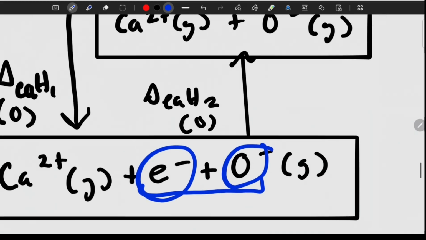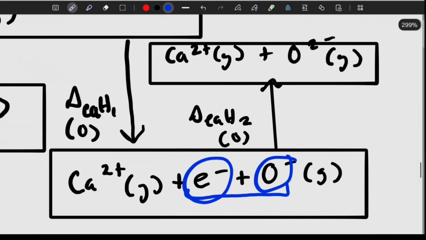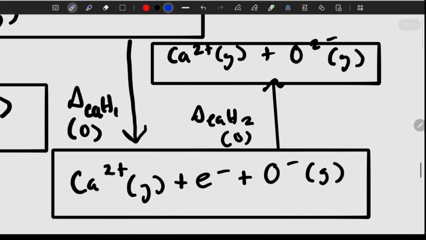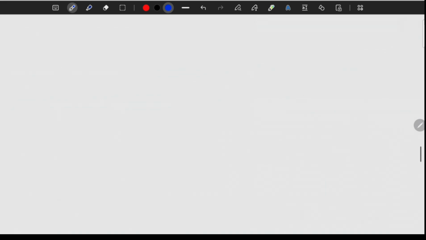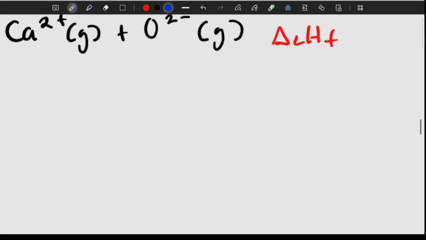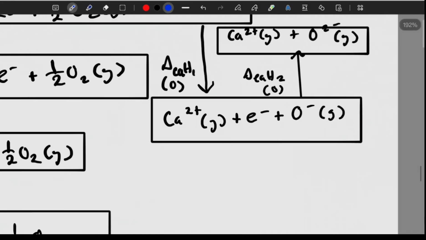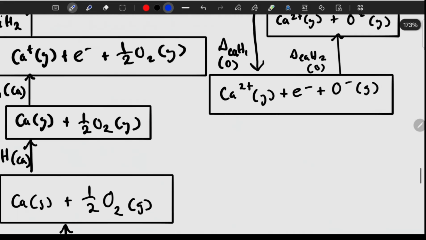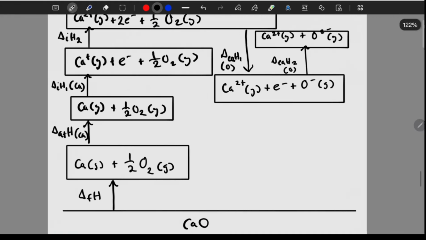Therefore it forms the second electron affinity of oxygen, which makes our gaseous 2 minus ion. So now we have our ion set, which matches our equation. Therefore the lattice enthalpy of formation is exothermic, so we can put an arrow going down. It's going to be a really big one.